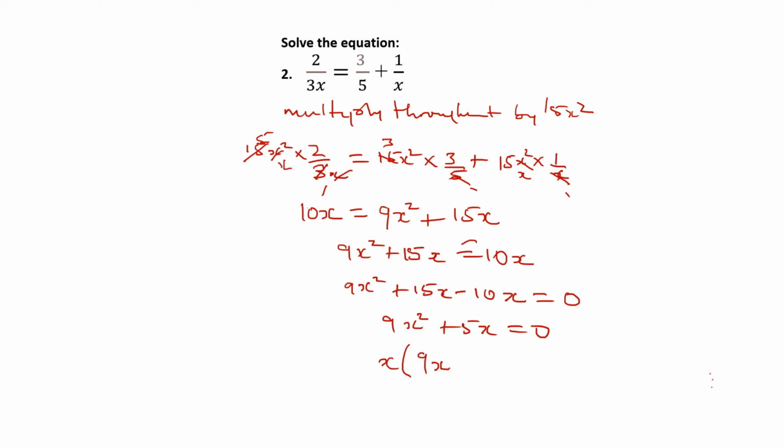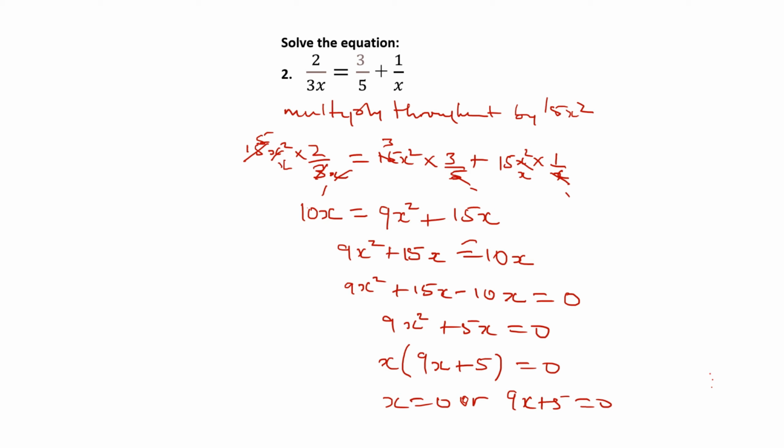If you multiply again, you have 9x squared. You write your plus sign. X into 5x, x cancels x, so we are left with just 5. You multiply that one, you have the same. So we now have x is equals to 0, or 9x plus 5 is equals 0.